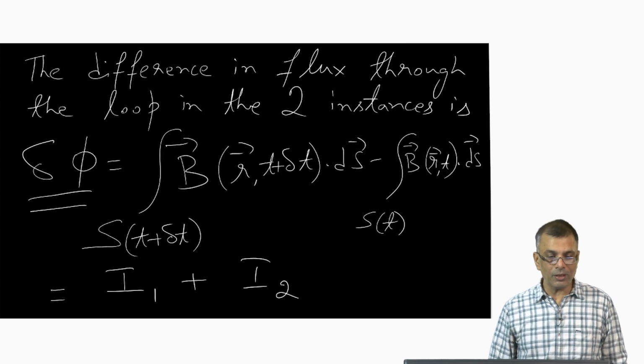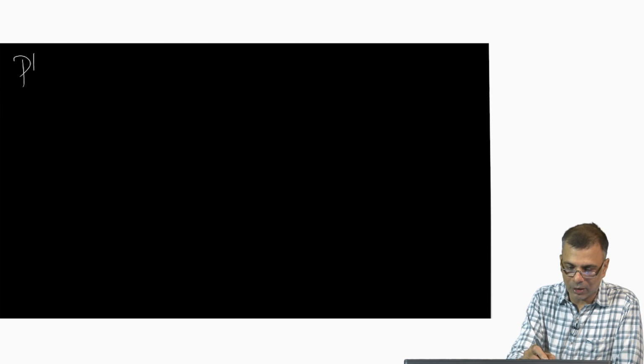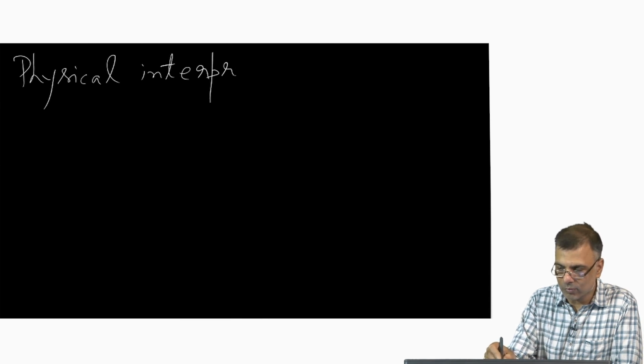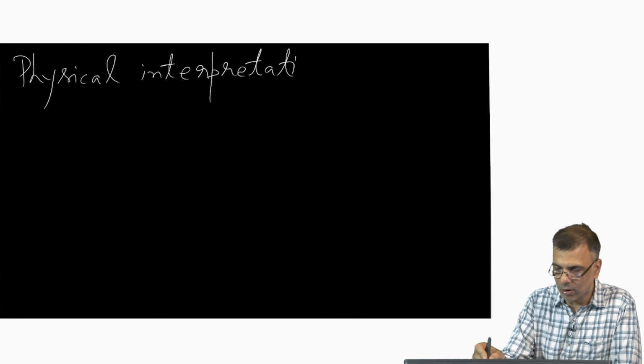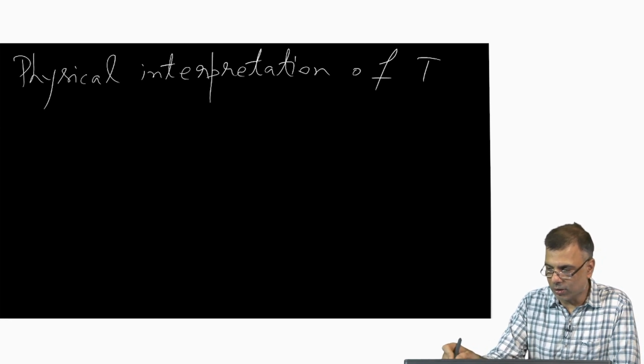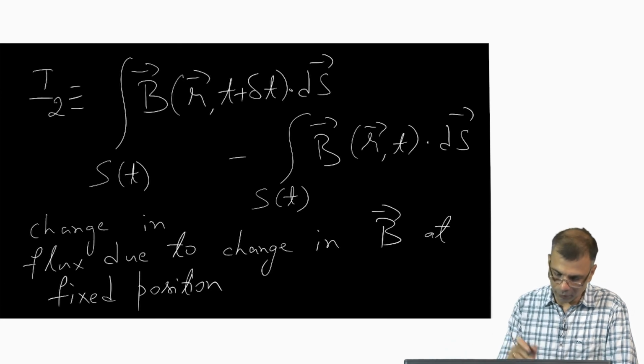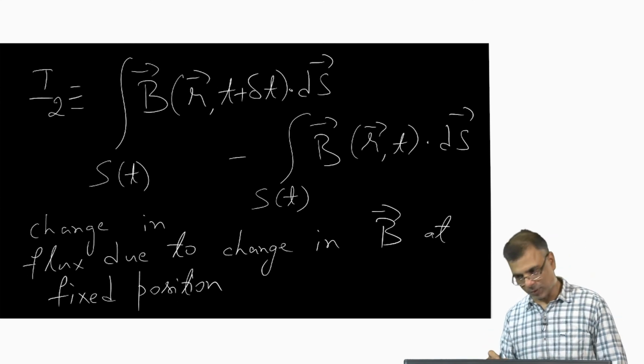The reason we're doing it in this slightly convoluted way is that there are simple physical interpretations of I1 and I2, and it's a little easier to arrive at the physical interpretation of I2 first. The physical interpretation of I2, which you remember is the change in flux due to the change in B at a fixed position.